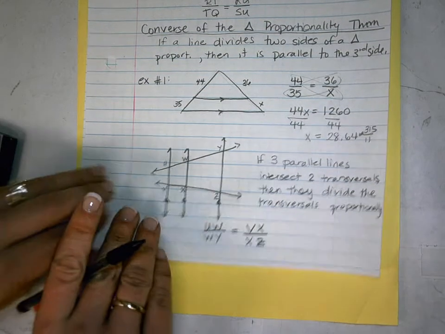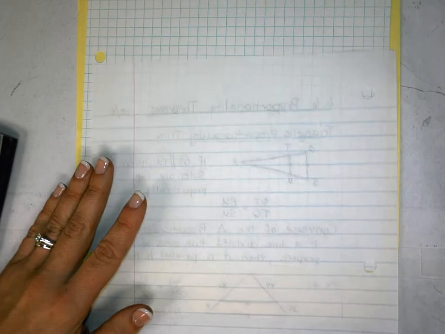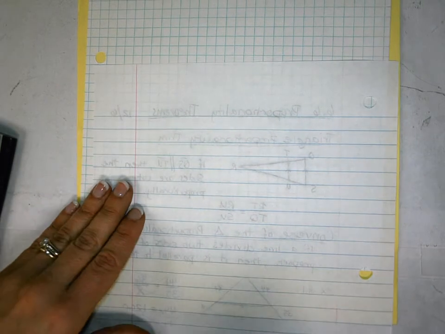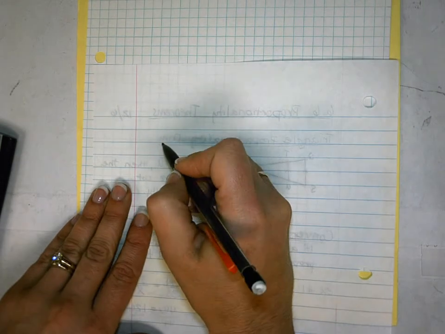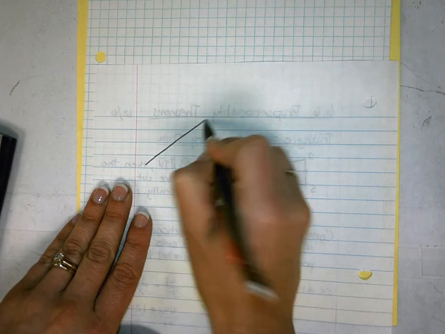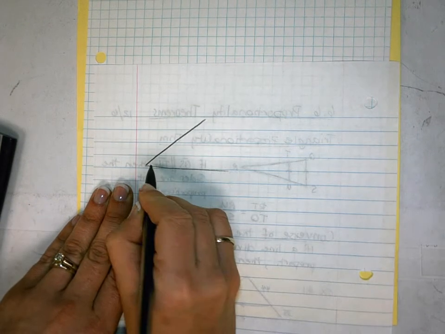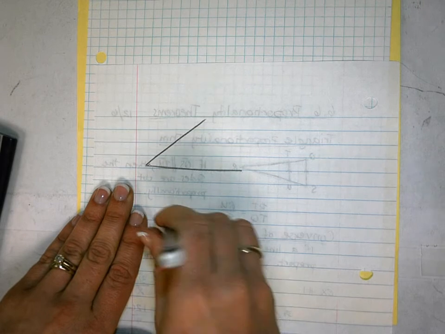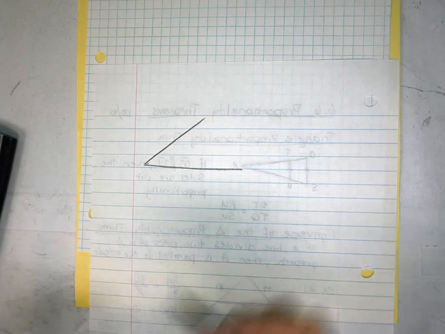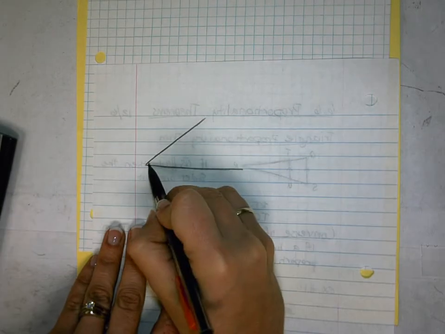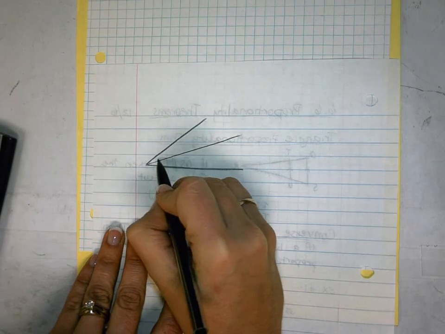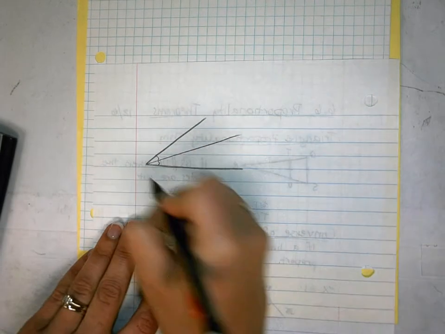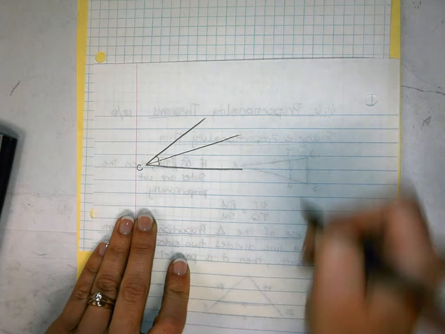And then I'm going to turn this over for the last part, the last theorem. The last theorem states, okay, so let's take an angle. Let's draw an angle. Let's do that. If I have a ray that bisects an angle, so here's a ray. I'm bisecting this angle, and let's call this angle C. So let's start that.